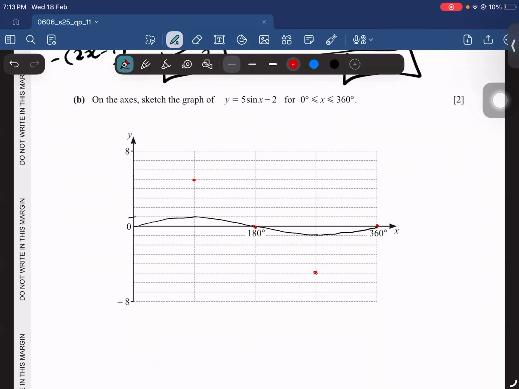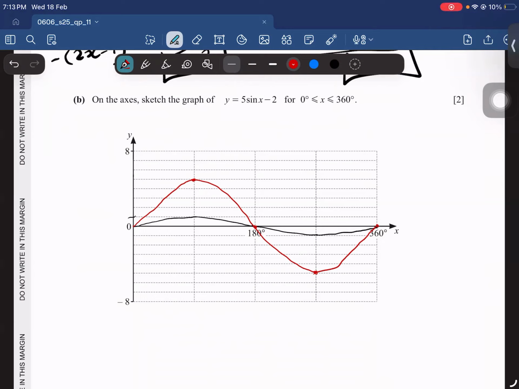So it's really more like a big stretch. But same points, same x. That is my graph for 5 sine x. What has happened? It has elongated 5 units.